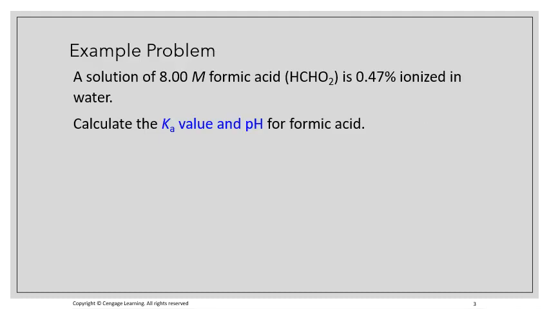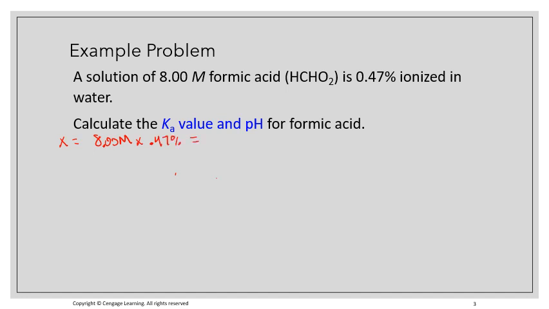Okay, so for our first example problem, we're going to take a solution of formic acid, 8.00 molar, that is 0.47% ionized in water. We're going to calculate the pH and the Ka value for the formic acid. So the first thing we can do is define X as being the 8.00 molar multiplied by the 0.47%.